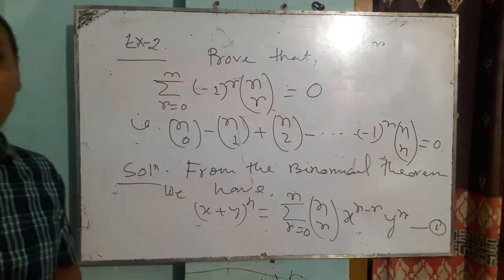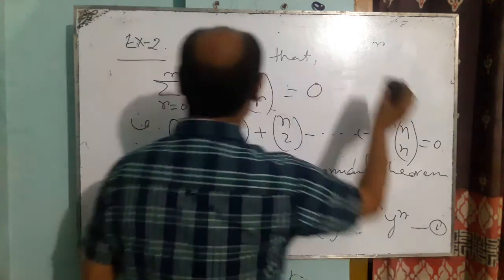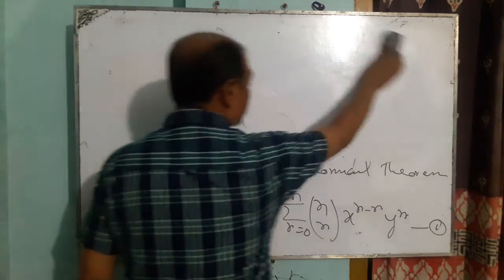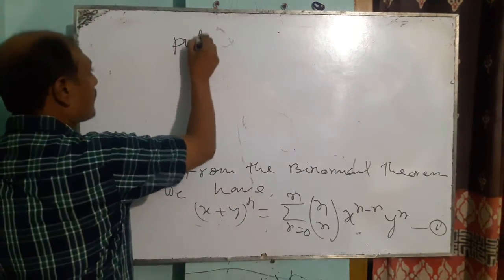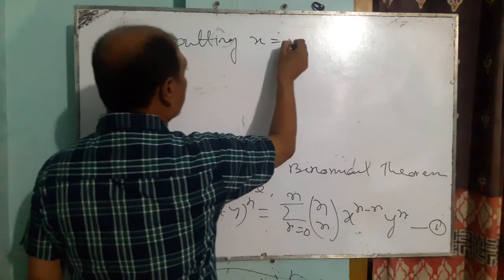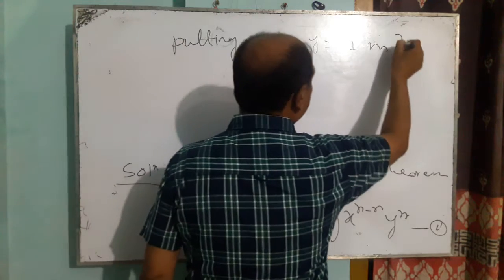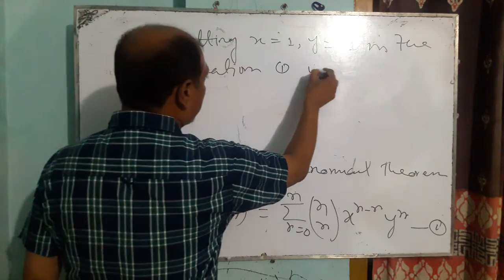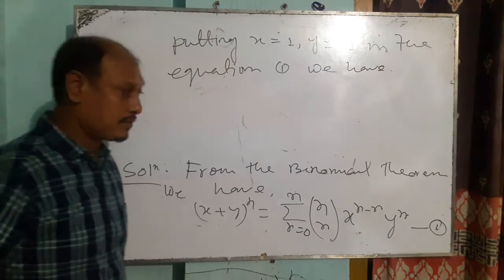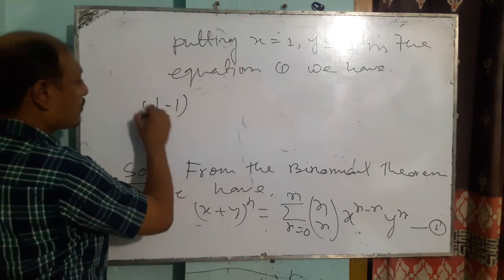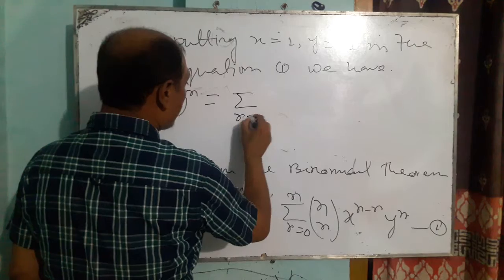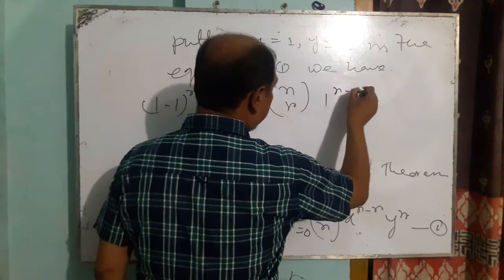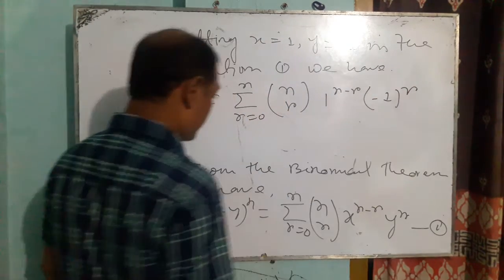Putting x equal to 1 and y equal to minus 1 in equation 1, we have (1 minus 1) to the power n, r equal to 0 to n, nCr 1 to the power n minus r, minus 1 to the power r.